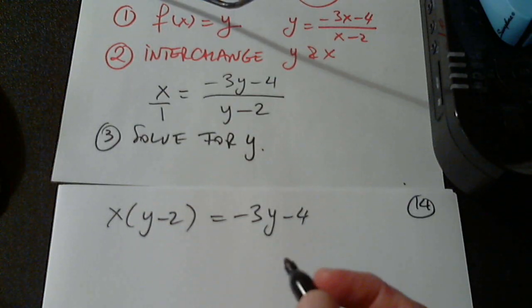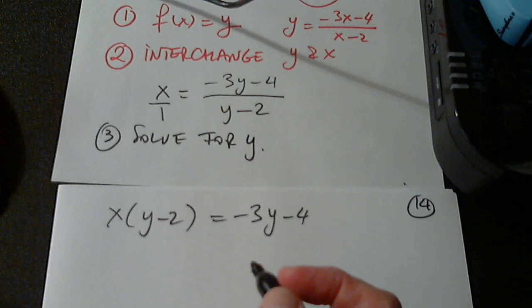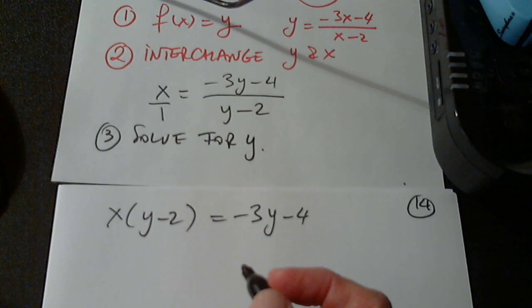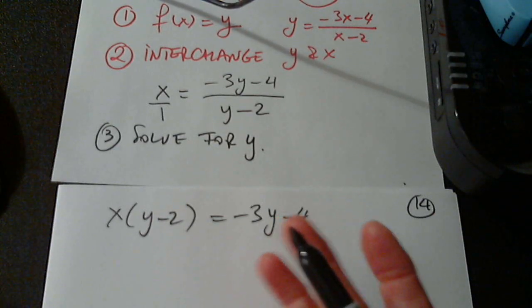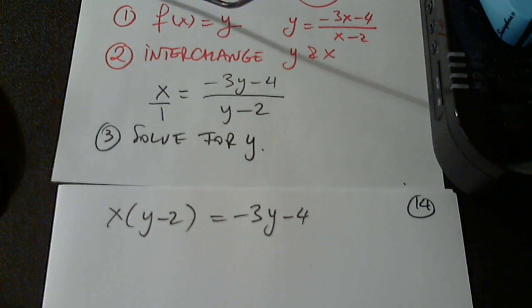How will you continue? We're stuck. Anyone, please help? Can we finish this one? How do we continue? What will be the next step? What will you do? Anyone, please?